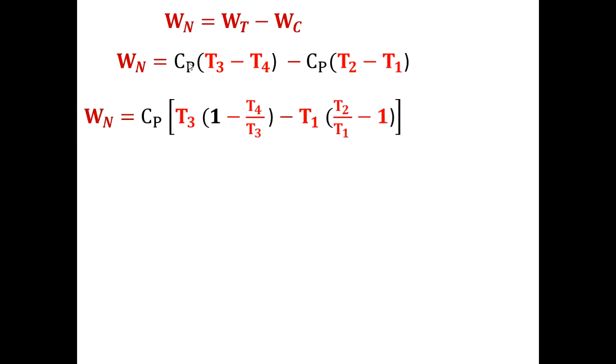This is T3 of 1 minus T4 by T3 minus T1 of T2 by T1 minus 1. I took T3 outside and T1 outside.